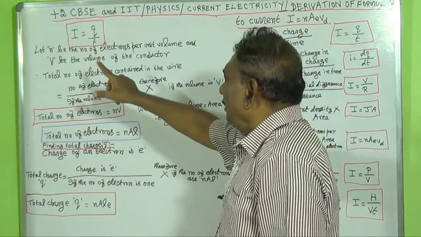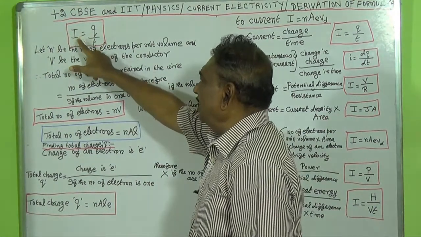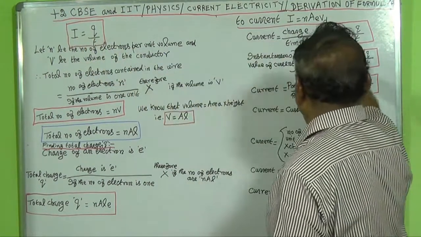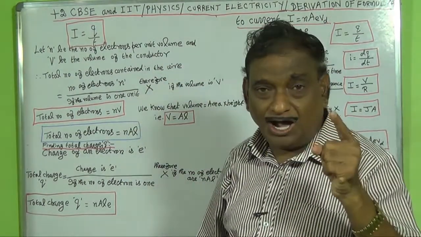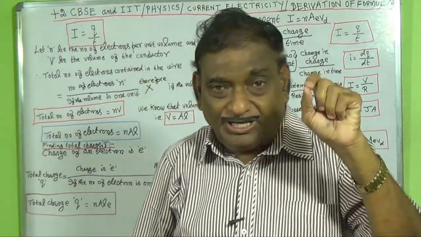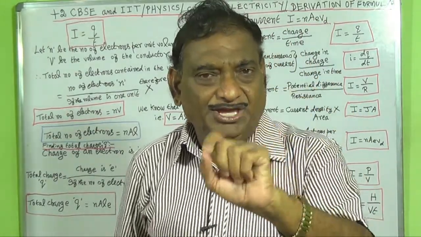First of all, we are taking the formula for the current, that is steady current equal to Q by T. The first formula is taken. From this first formula, we are going to get the formula for the current I equal to nAeVd.